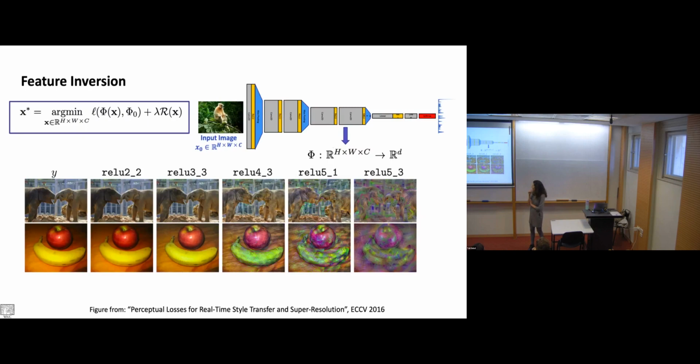Or we can say more specifically that the color information is being discarded. We no longer keep high fidelity to the colors in the original image, but the overall structure of the object is maintained. From the very early layers, we can accurately reconstruct the image just from the feature responses of that image.